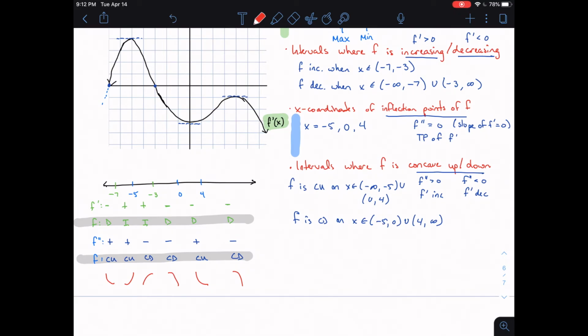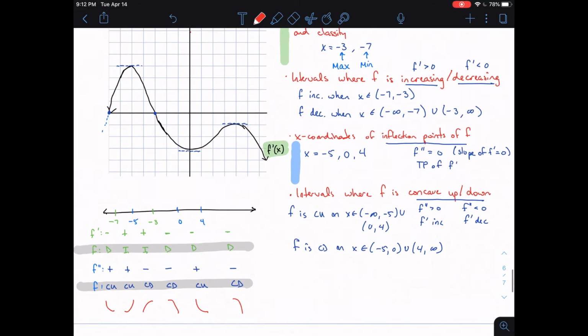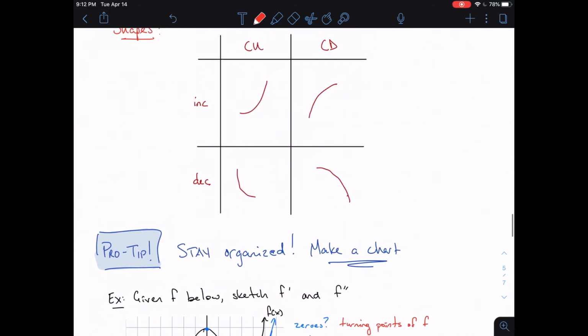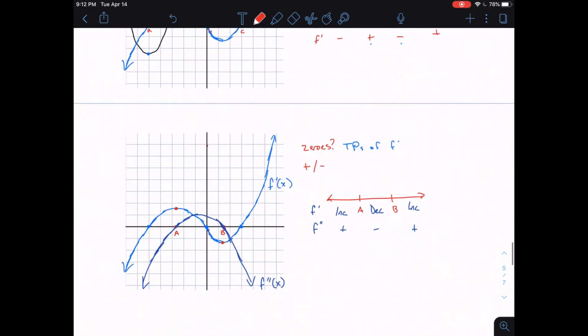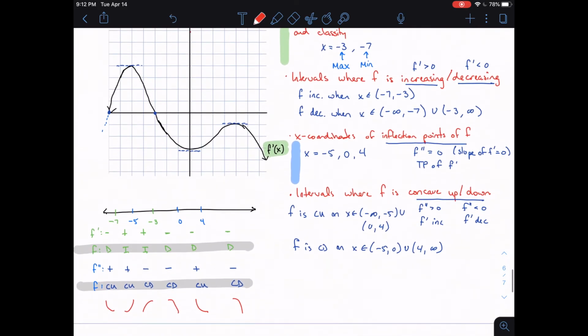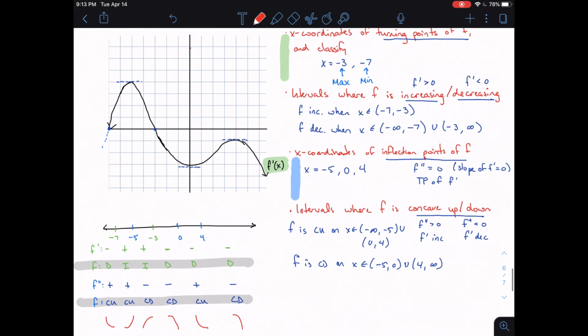You're probably wondering what's going on here. These shapes are going to help us guide the sketch. So all I did was pull those right off of, where'd it go? This chart right here. So we're going to take those now and we're going to apply them to our graph.